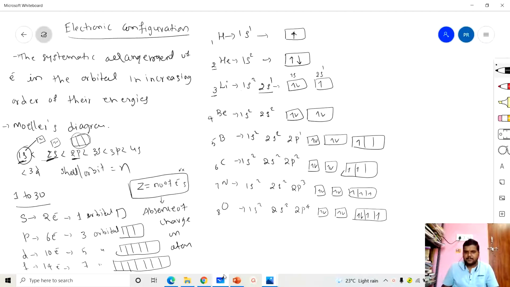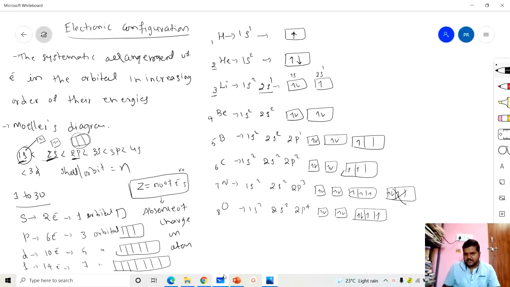For example, for 2p3 we should not write the electrons paired up like this; that is wrong. We have one rule in atomic structure, which we call Hund's rule, the maximum multiplicity rule. After each orbital is filled with one electron, only then does pairing occur.